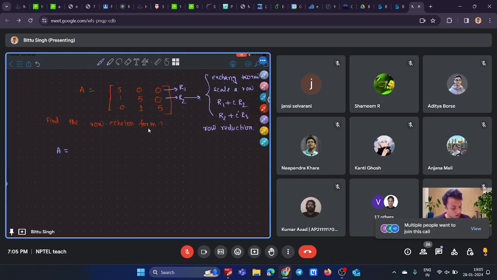You can see that the first non-zero entry is 5, it is not 1. So what is the way to get 1? Clearly we need to do the operation 1/5 times R1. Then it will become 1 0 0, 1 5 0 and 0 1 5.